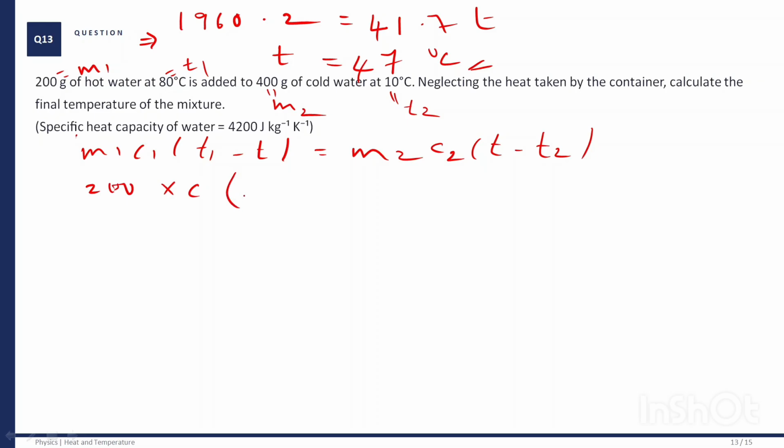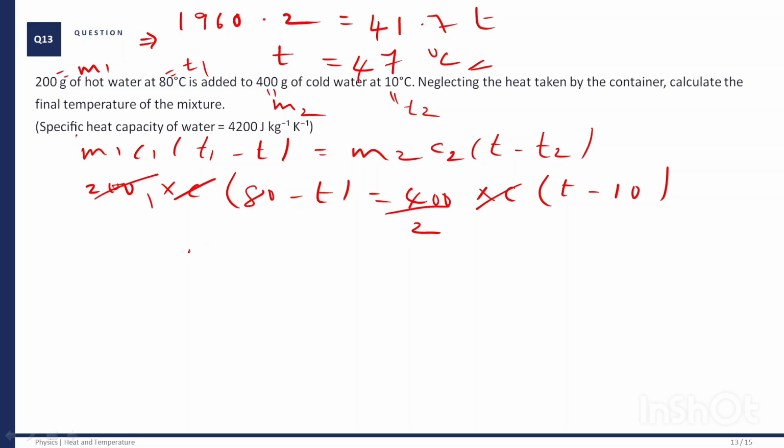It is common for both, so it will get cancelled. T1 is 80 minus T. M2 is 400, C, T, and the lowest temperature is 10 degrees Celsius. On both sides C gets cancelled. 200 is 1 part, 400 is 2 parts. The next step we have 80 minus T equal to 2 of T minus 10.